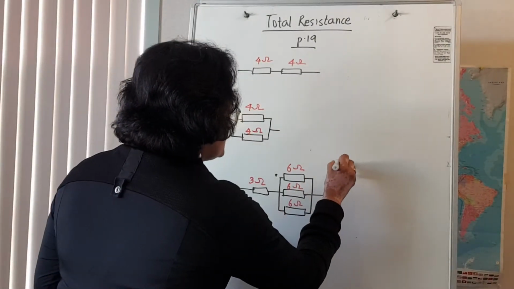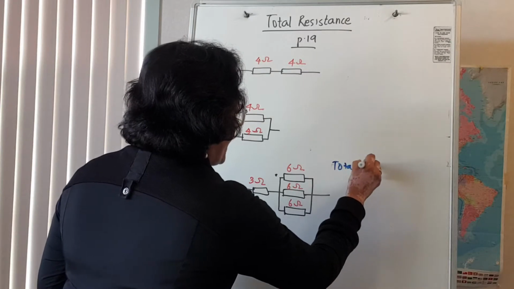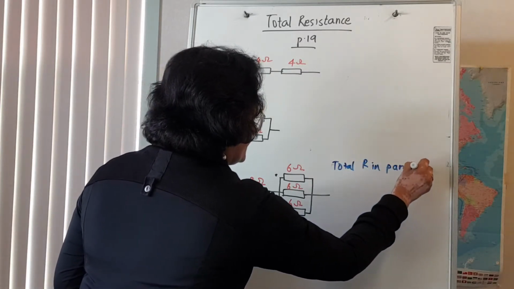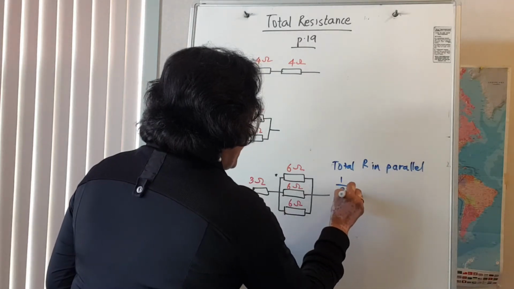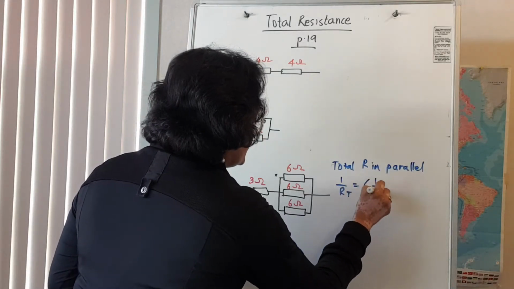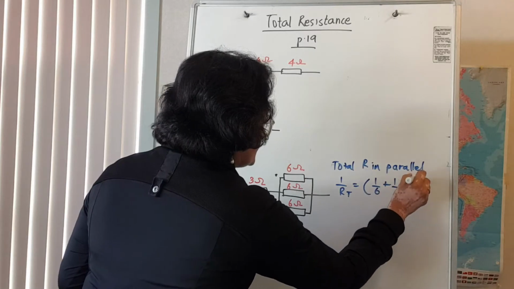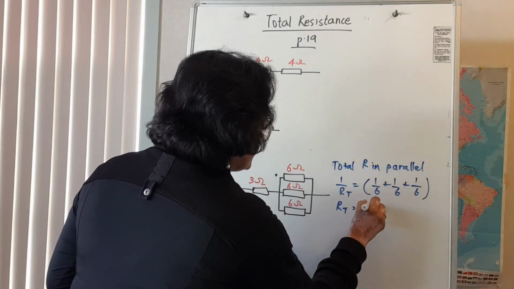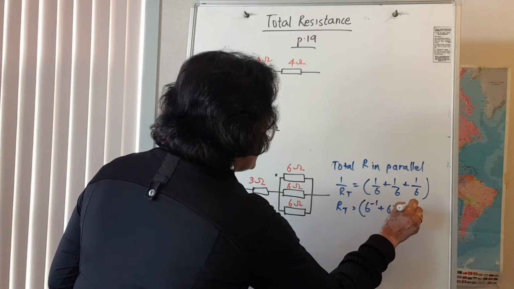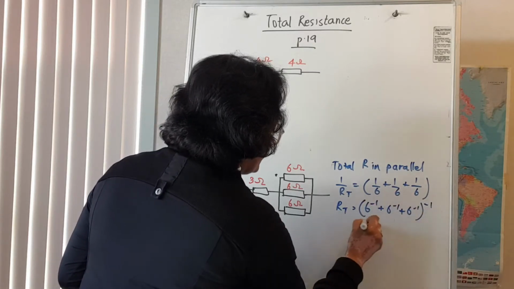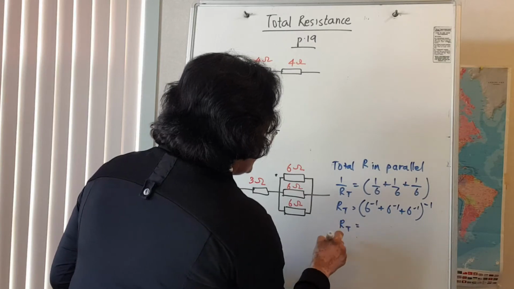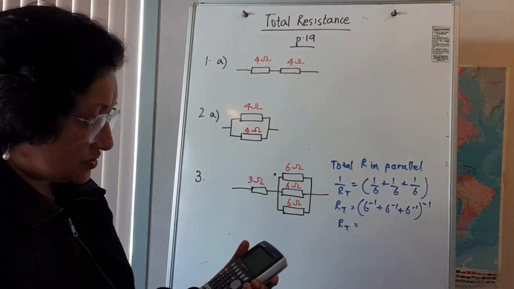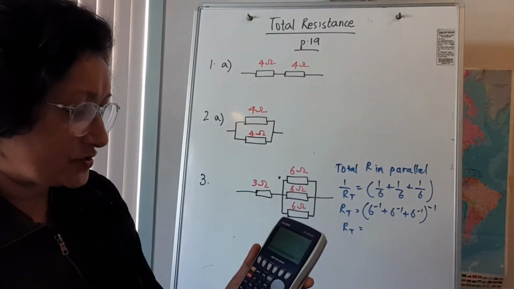So total resistance in parallel, 1 over RT equals 1 over 6 plus 1 over 6 plus 1 over 6, or RT equals 6 to the power of negative 1. This is RT in parallel, and you can get 2 as your answer, but never mind, I'll show you the working.